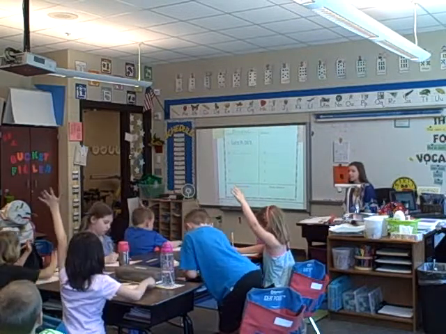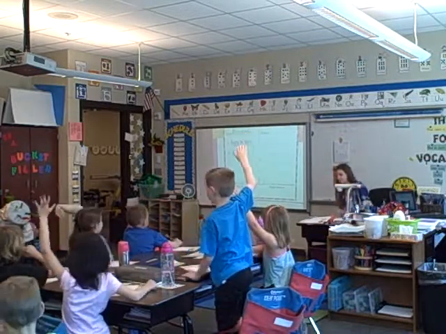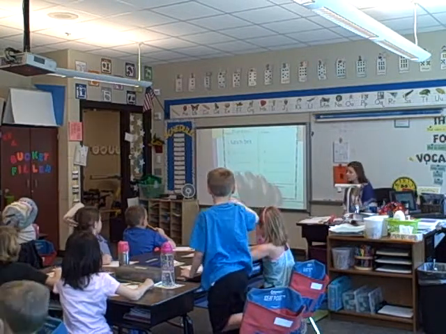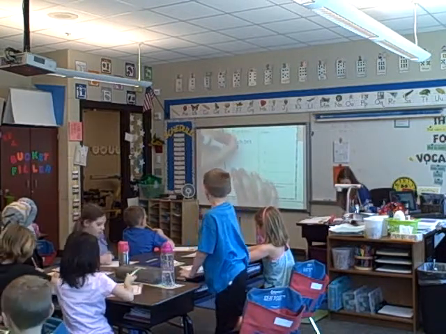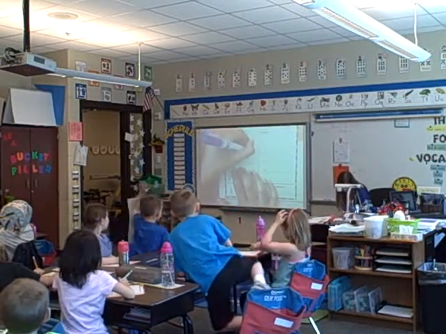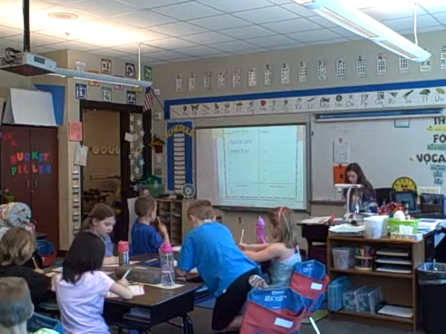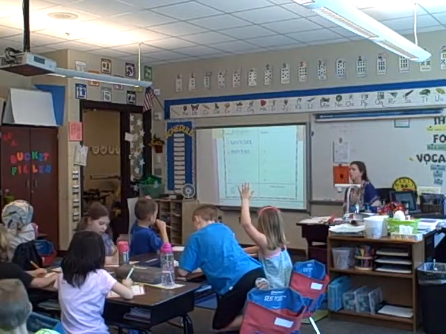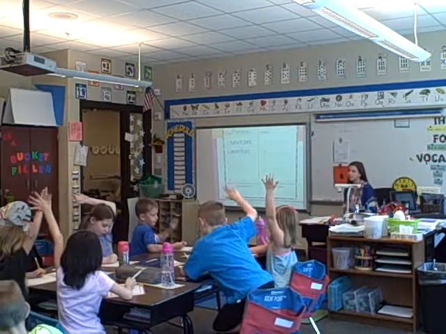Who wants to give me something else that's purple? Good job. Well, this actually is blue. It might look kind of purple up there. But I have a purple marker up here, so that works. Marker. And I'm going to put tally mark number 2. Who wants to give me a third object that's purple?